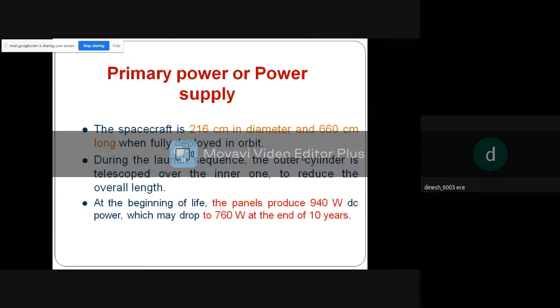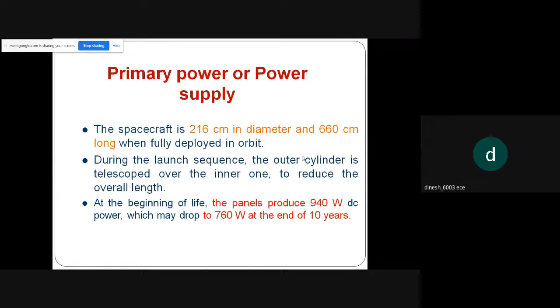So at the beginning of life of the power supply, the panels produce 940 watts DC power, which may drop to 760 watts at the end of 10 years.